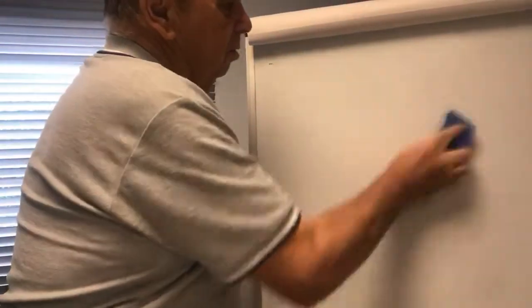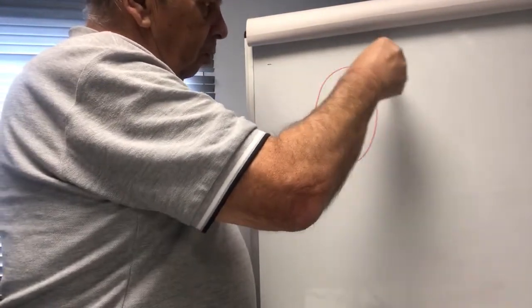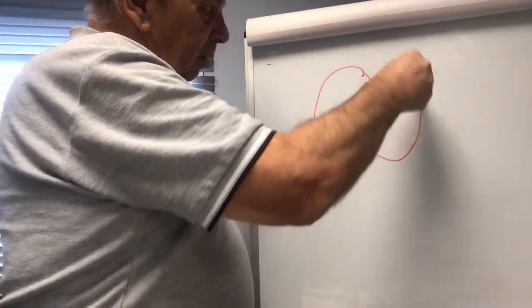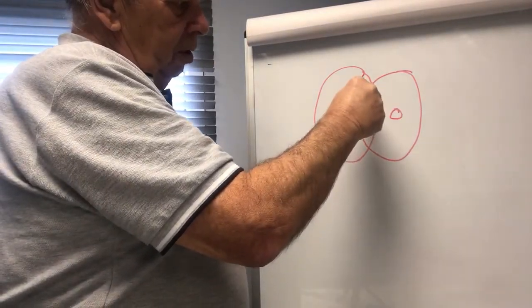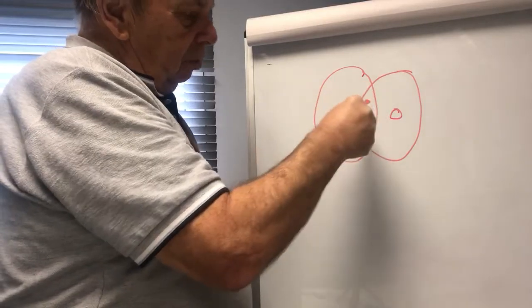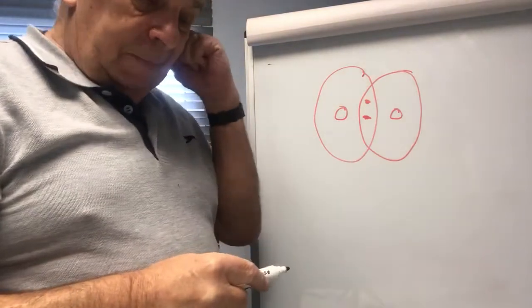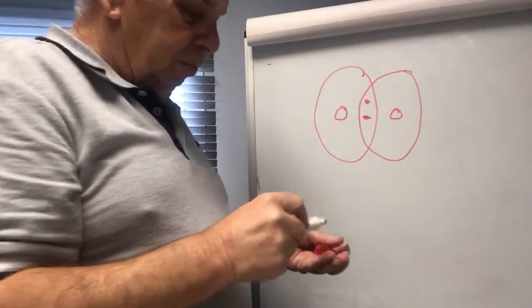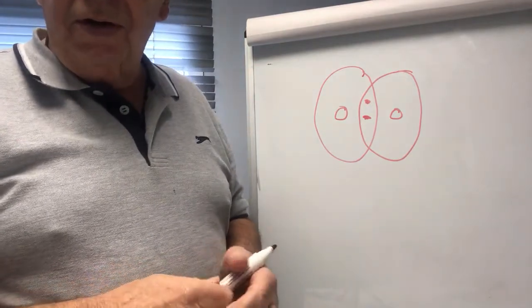Let me do another diagram of that. Dot and cross one. There we are. There's the nucleus of hydrogen, there's the outer electron from that atom, there's the outer electron from that atom. So that is a covalent bond, meaning that a pair of electrons are shared.